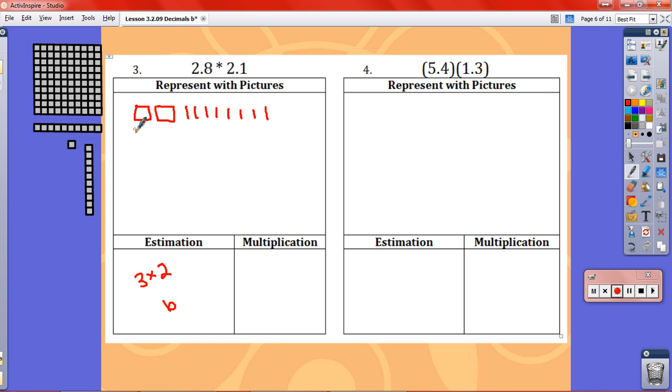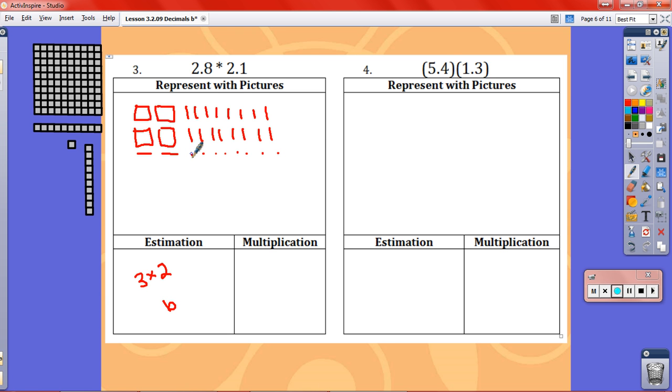So 2 whole groups of that. That's my second whole group of that. And then 1/10 of a group of that. So that's 1/10 of that, 1/10 of that, 1/10 of that, and that.